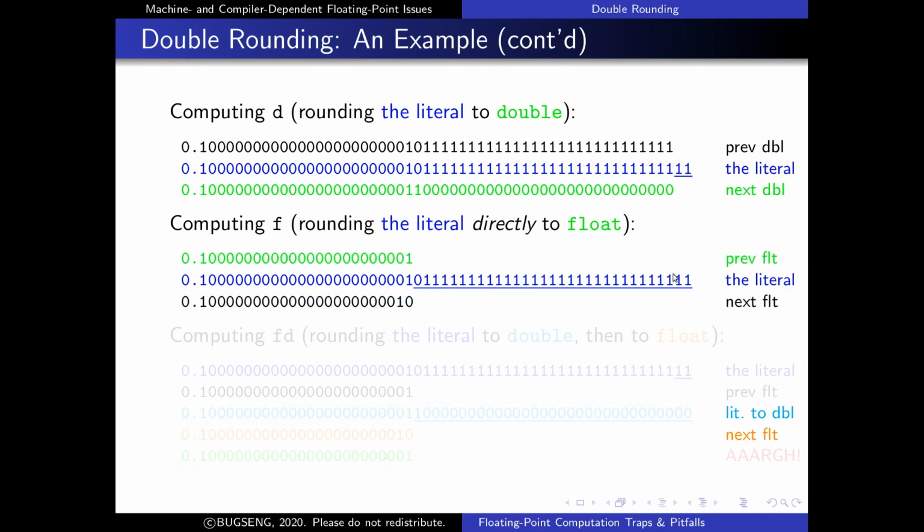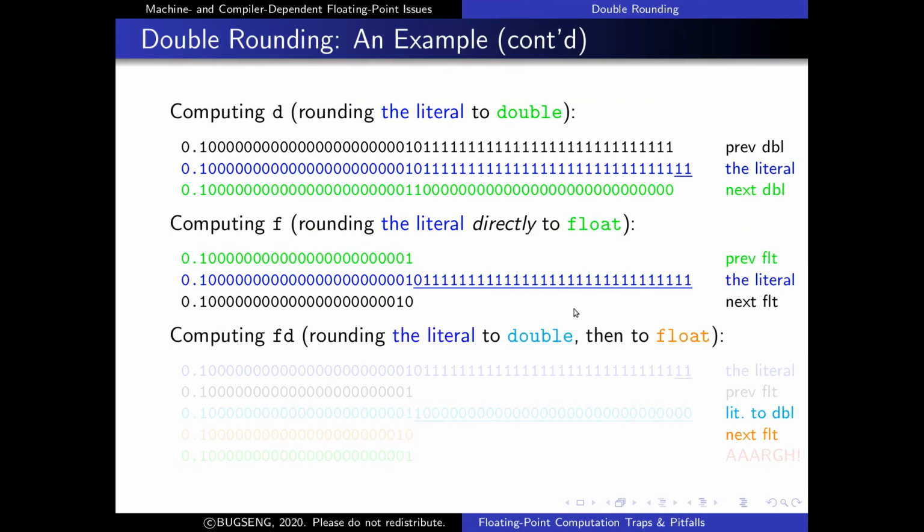The compiler will round in its default mode, which is round to nearest, tie to even. And it is not difficult to see that the previous floating point will be chosen because it is nearer than the other one.